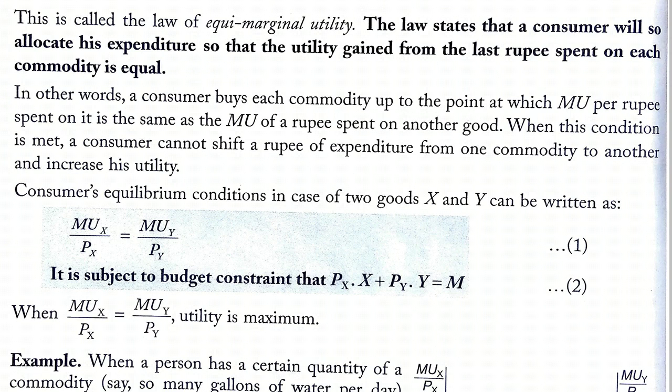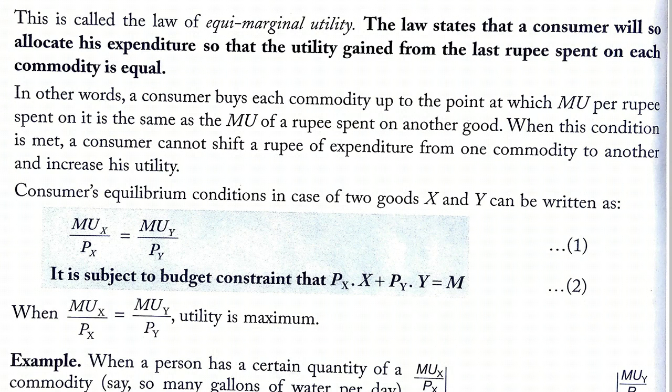So in case of commodity X, you are having a utility of rupee 1, or marginal utility of 1, for spending rupee 1. And in case of commodity Y also, you will have to attain a situation where the utility derived from 1 rupee spent is equal to 1 rupee, and that situation will be called a situation of consumer's equilibrium in the two commodity case.